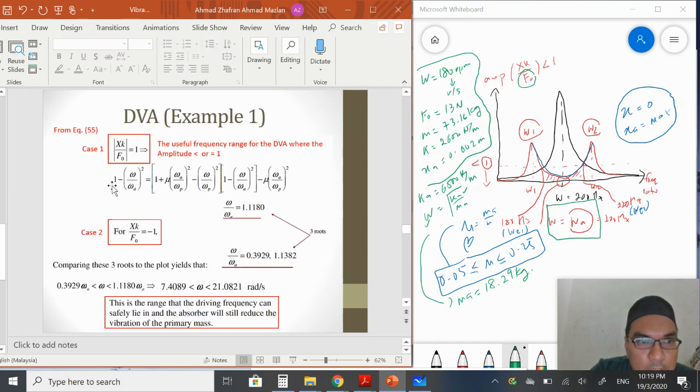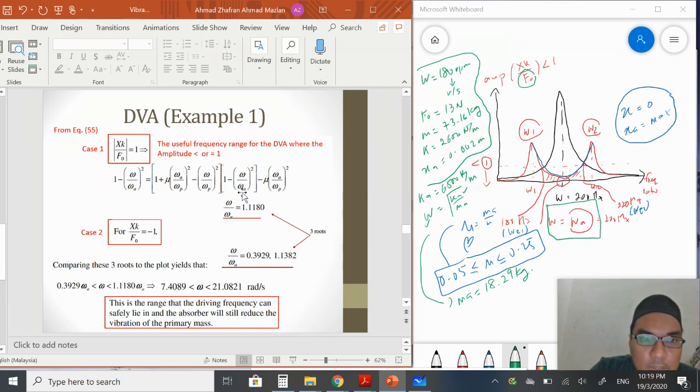Let's see the solution from equation 55. You already have the omega, omega a, and the mu, and you have the omega p, which you can calculate from the mass and stiffness of the primary system.